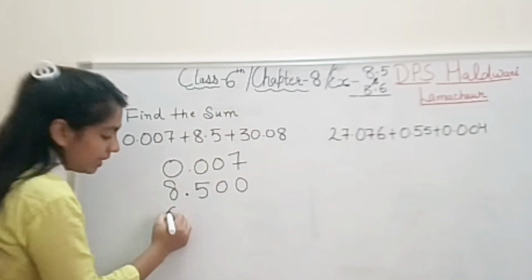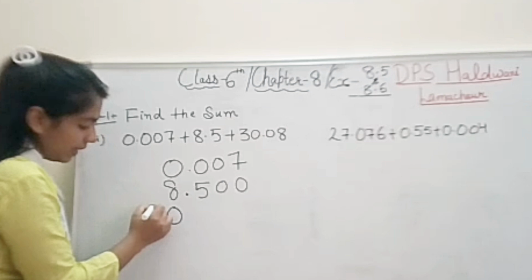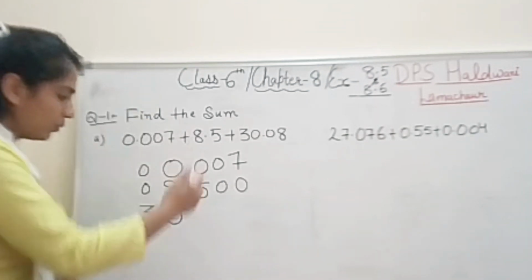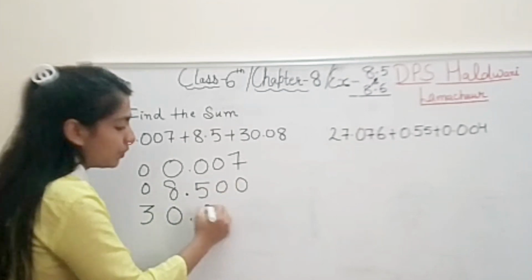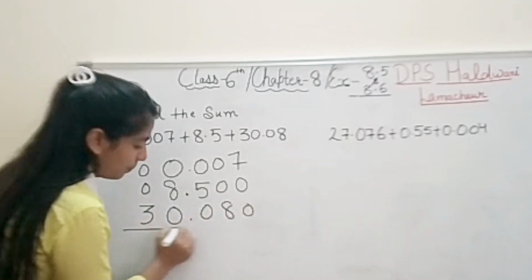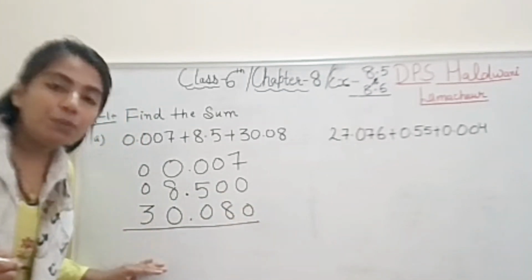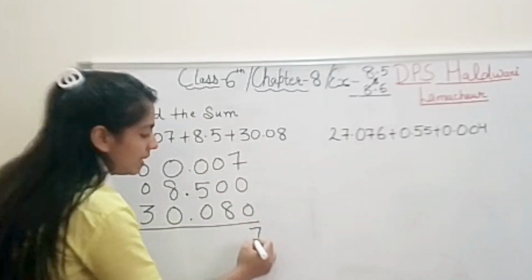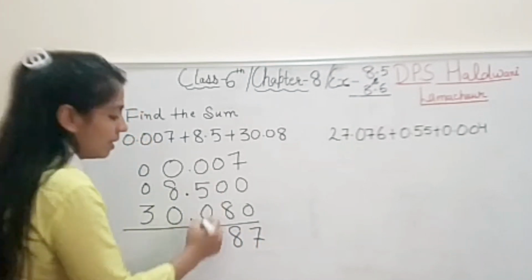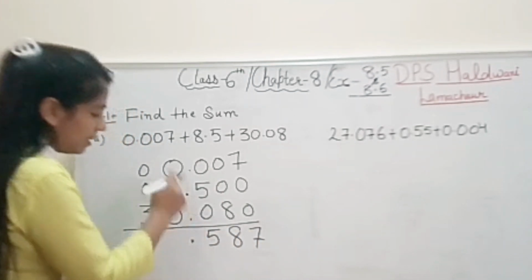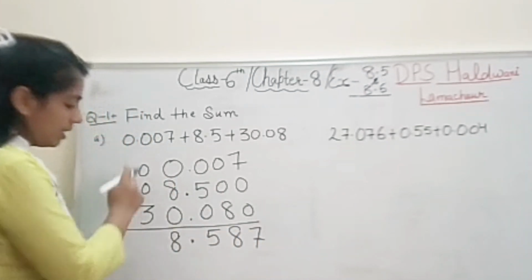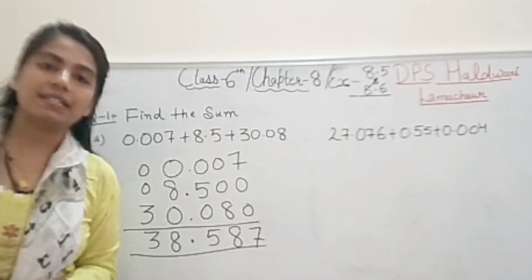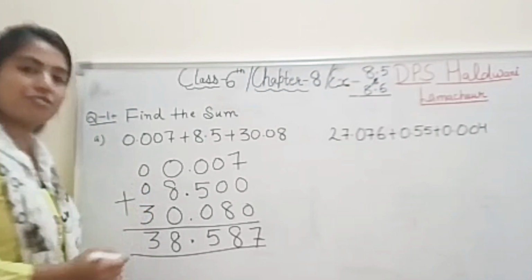You start from the right hand side, 0, then here would be 3. Here is nothing, you can put 0 by your own. So 30.08. The statement should be correct, then you just add the terms. 7, 0, 0 plus 8, 8. 5 decimal, 0 plus 8 plus 0, 8, and then 3. So the answer is 38.587. Very simple addition, students.